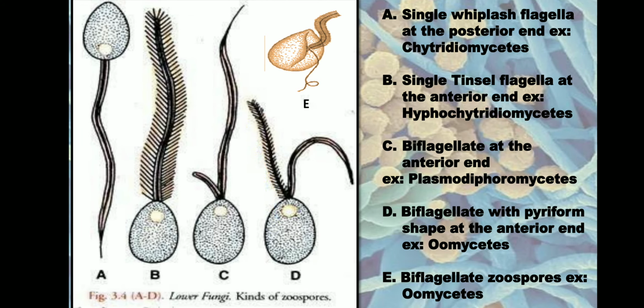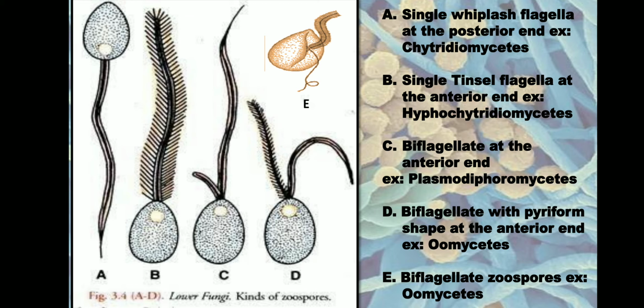And the fifth type of flagellation is again a biflagellate reproductive cell, where one flagellum is of tinsel type and the other is of whiplash type, and both of these flagella arise in a kidney-shaped cell where there is a depression; near the depression is where the flagella arise.